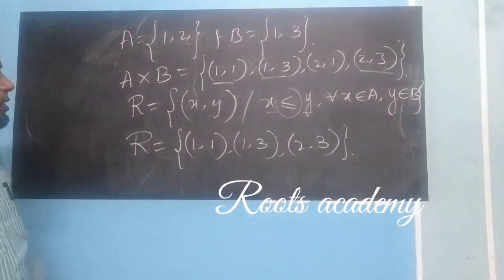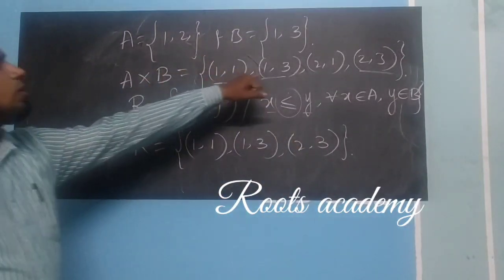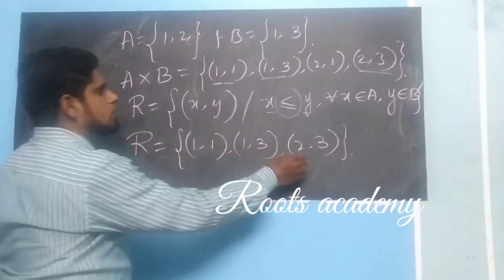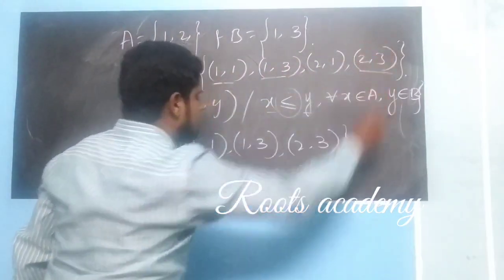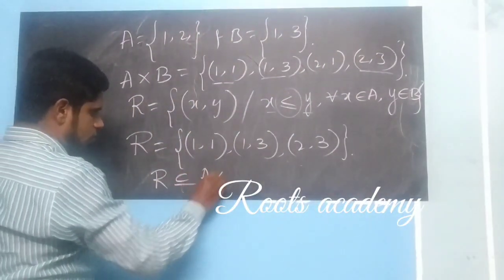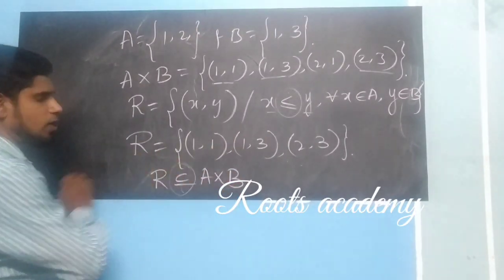So we can easily say this relation has 3 ordered pairs and A cross B has 4 ordered pairs. And this relation is a subset of A cross B. So easily you can write this as R is a subset of A cross B, and this is the symbol we use for subset.